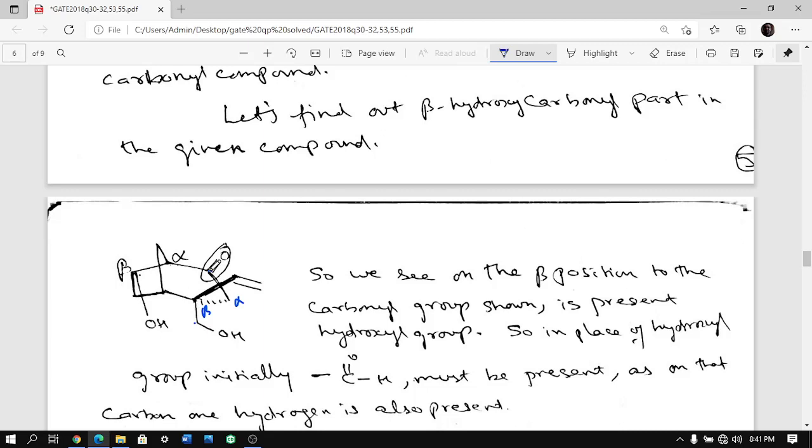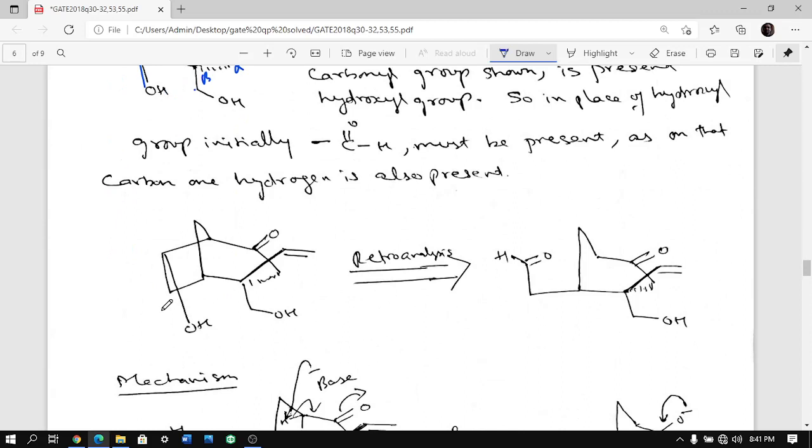Whereas here, this is the carbonyl, alpha, and on beta you have OH. This is where the cleavage will happen. If this is the ketone, this should be the alpha carbon from which the proton would have been lost, and that negative charge would have attacked the carbon which had the carbonyl group, which becomes OH.